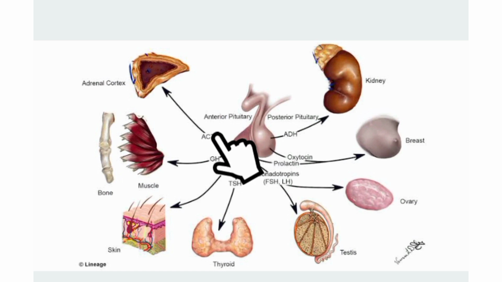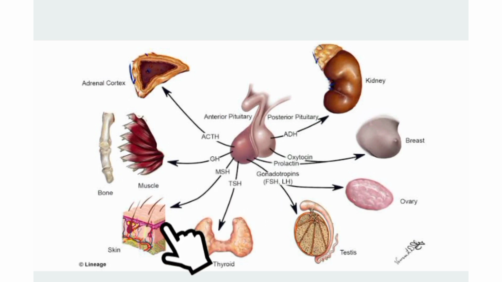Basically, they both have the same precursor, pro-opiomelanocortin, known as POMC, which produces adrenocorticotrophin hormone and melanocyte-stimulating hormone at the same time. Adrenocorticotrophin hormone will act on the adrenal cortex, whereas melanocyte-stimulating hormone will affect the skin, causing melanin production in the skin, which results in pigmentation of the skin or skin color.